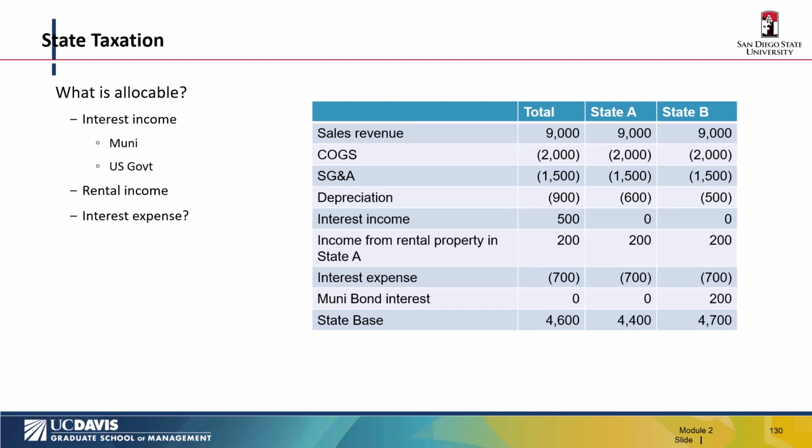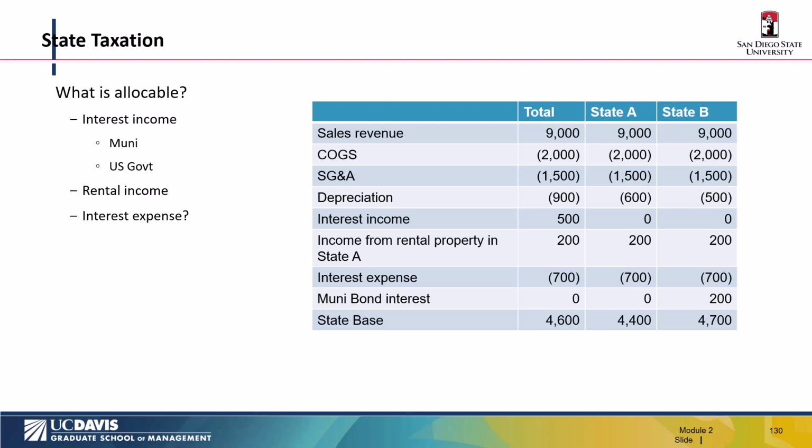Okay, so when we look at our previous example, what is the possible allocable income? Well, the interest income is allocable. The rental income could be allocable. And the interest expense? Well, no. Generally, business interest expense is not allocable. That would be apportioned. So notice that interest income and interest expense are not mirror images; they're not symmetric.